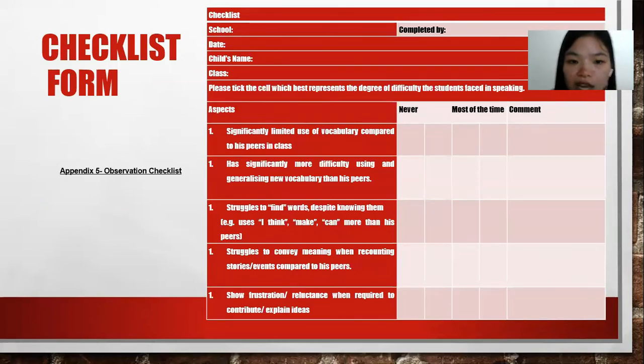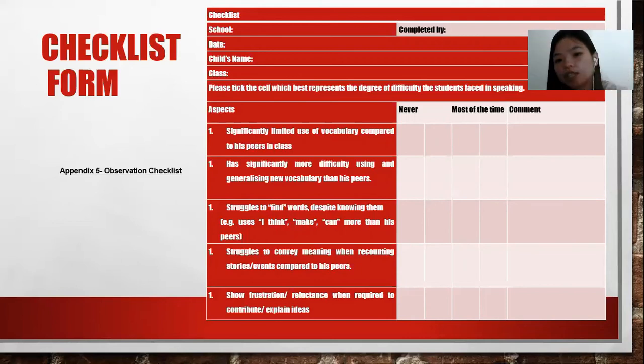So I'm going to look at the aspects of significantly limited use of vocabulary compared to his peers in class, significantly more difficulty using and generalizing new vocabulary than his peers, and struggling to find words despite knowing them, for example, the use of I think, may, can more than his peers, and struggling to convey meaning when recounting stories even compared to his peers, and showing frustration or reluctance when required to contribute or explain ideas.